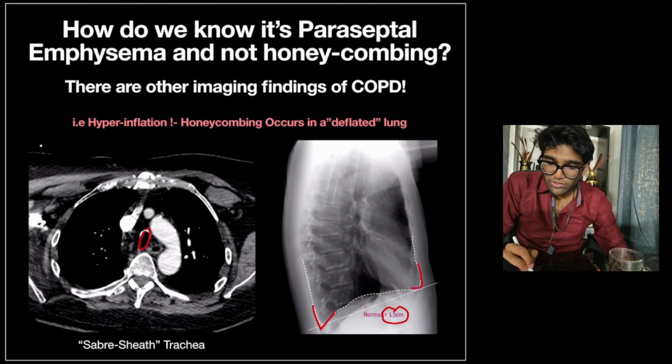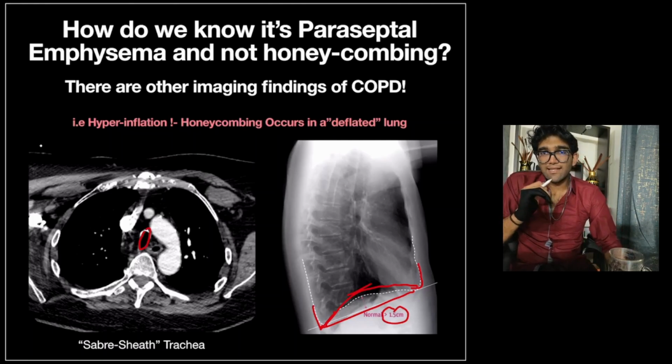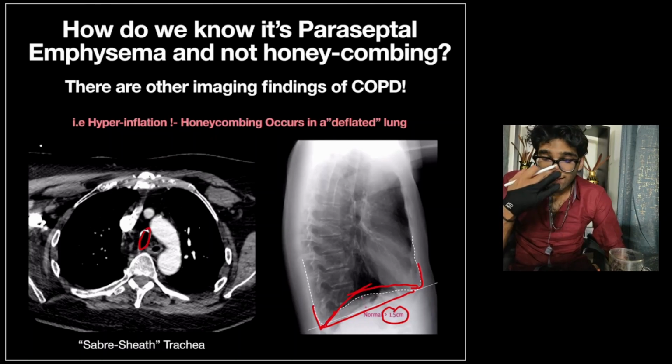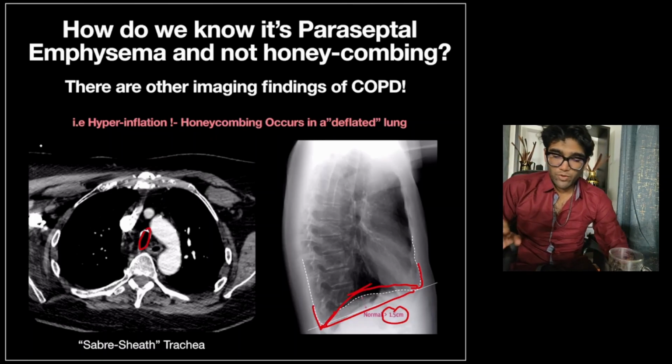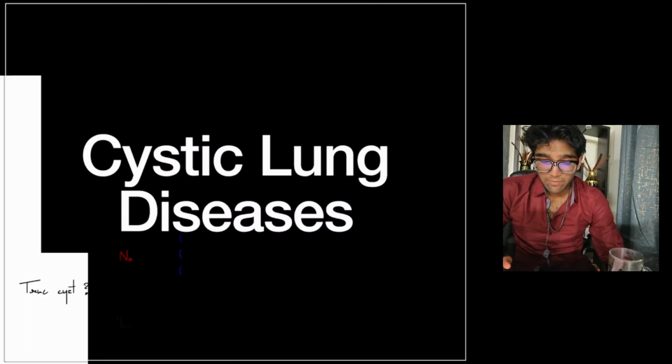So a line joining these two, the tip of the dome, or the highest portion of the dome, should be 1.5 centimeters above that line. If it is less than that, then we say there is diaphragmatic flattening, and that in combination with your saber sheath trachea indicates that there is some degree of increase in lung volumes. That's how you differentiate it. That is called hemidiaphragmatic flattening.